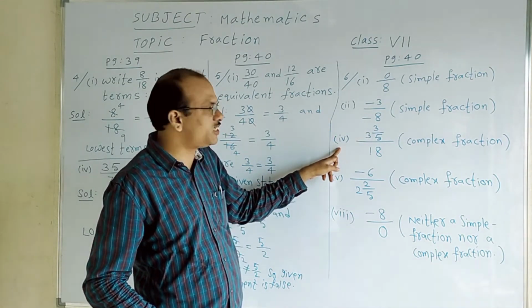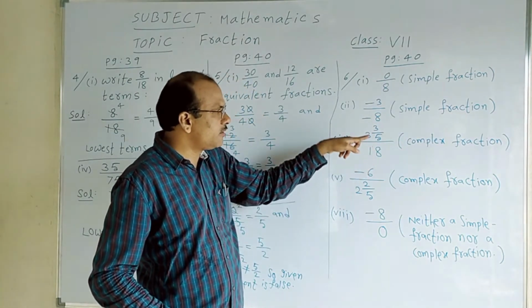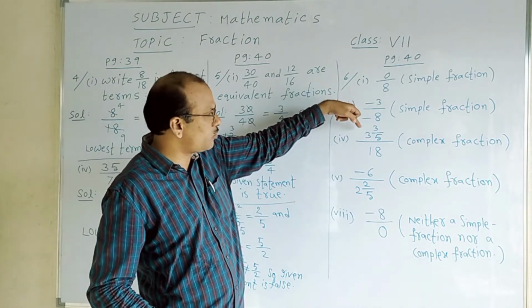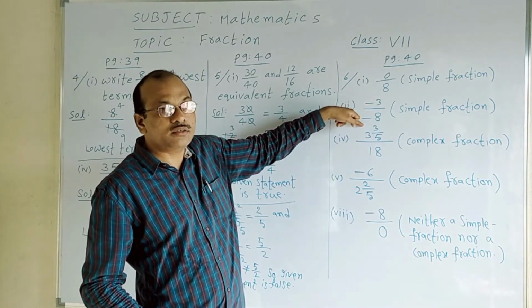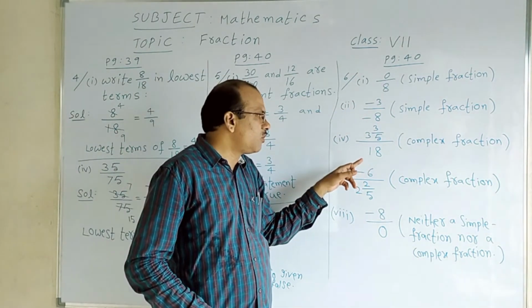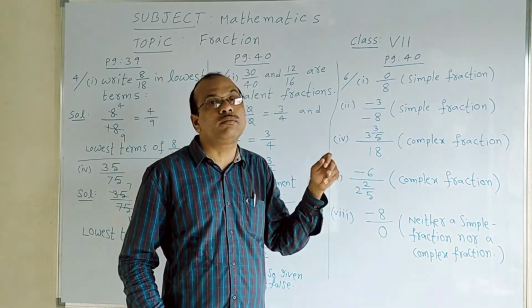Listen about the fourth bit. 3 by 5 by 18. Here the numerator is not a whole number as we have seen earlier. Here the numerator is a fraction, that too a mixed fraction. Of course, in the denominator also we can call it a fraction because 18 can be written as 18 by 1.